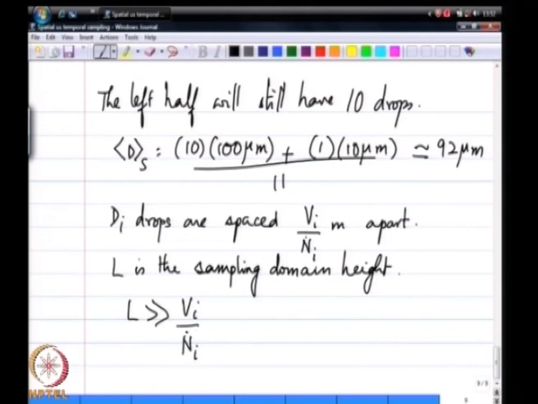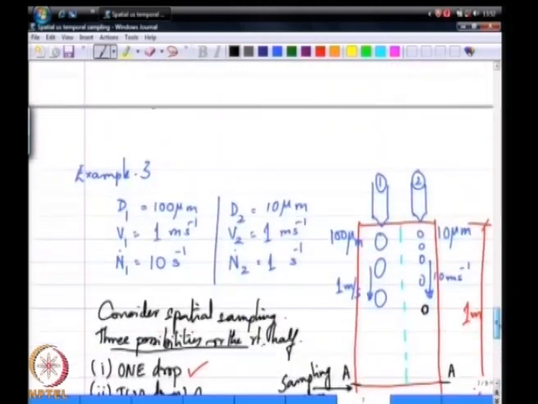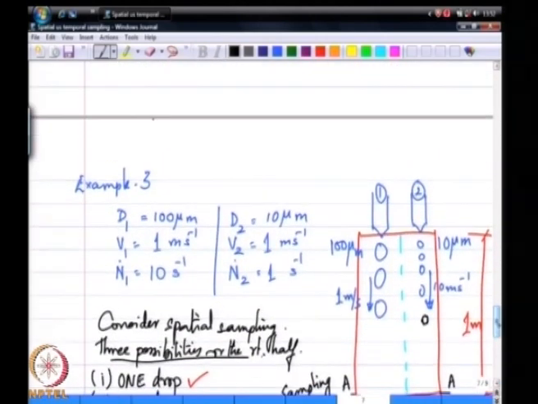Okay, so, let us say I will recreate this situation where V i is not 1 meter per second, but let us say 10 centimeters per second or 1 centimeter per second, and N i dot is like 1 per second or 10 per second, and we end up packing the drops much closer now.